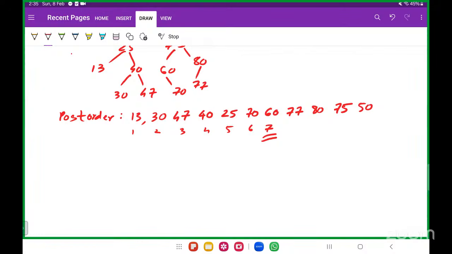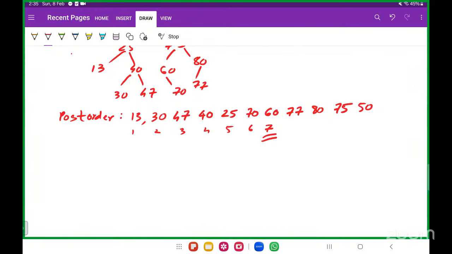This problem can be solved very smartly without constructing the tree. Because in pre-order traversal, 50 is the root node. So all the elements less than 50 are part of the left subtree. You can directly count from the pre-order traversal: 1, 2, 3, 4, 5, 6.